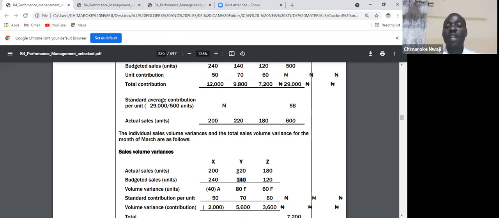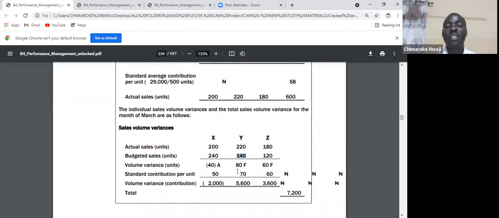That's 3,600. So if you add all of them together, X, Y, and Z, X is negative, it will give you a total of 7,200. Now, this is total sales volume variance. You did volume variance for X, that of Y, that of Z individually, then you added them together.